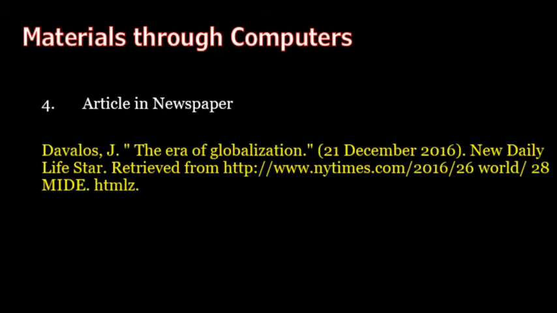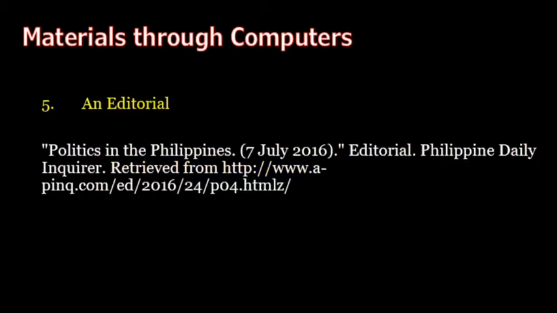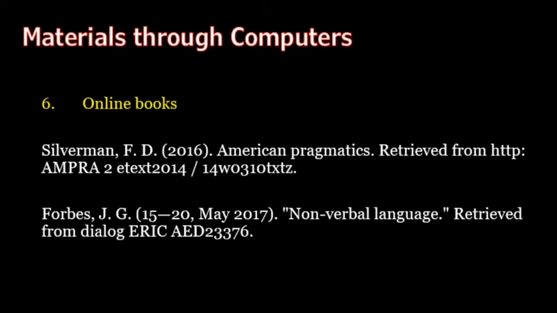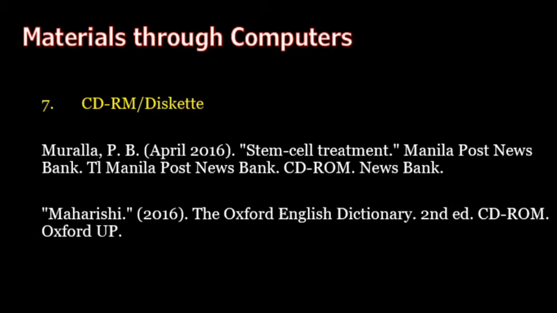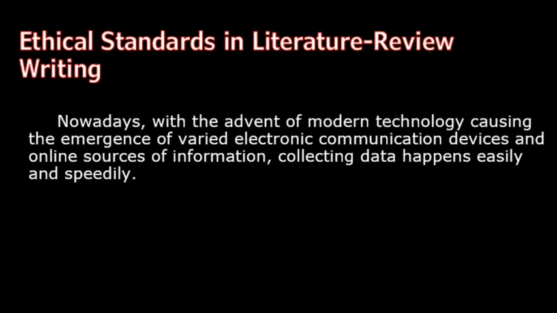Article in newspaper, you can actually use this one if it has an author. An editorial, you can actually follow this one. Online books, there will be a lot of books that you're going to read for your research. So these are examples of it. From CD or RM diskette, for example, so you can follow this one, right?